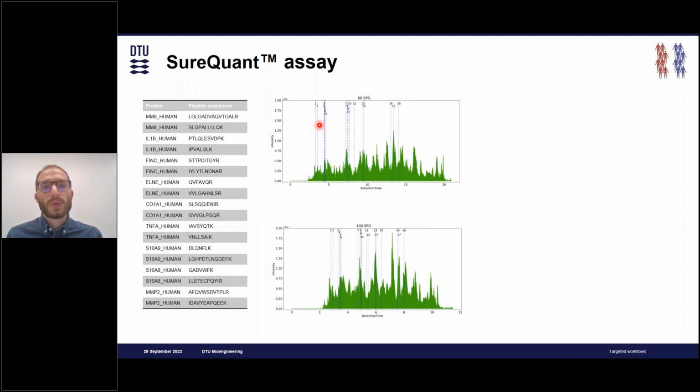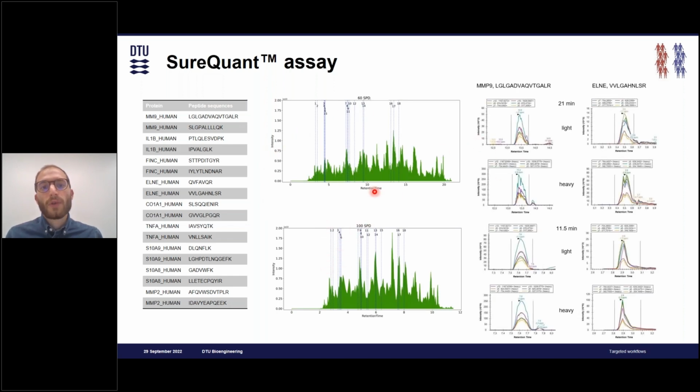We had the best results with 60 and 100 SPD, and we can, of course, obtain more points across the peak with a 21-minute gradient. However, we didn't see any drop-off in sensitivity or any trade-off for that matter with 100 SPD, and since we can achieve higher throughput, we went with the 100 SPD method for the final assay.